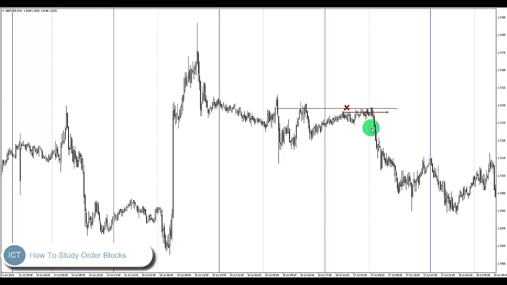Now the question is this, well, Michael, what time is this move happening? Well, this move here is happening at 5:45 GMT, so it's a little bit early of the London Open kill zone. My earliest is 6 GMT, so I would have missed the ideal entry here unless I had a pending order.